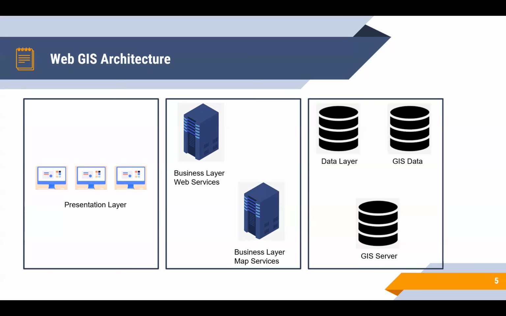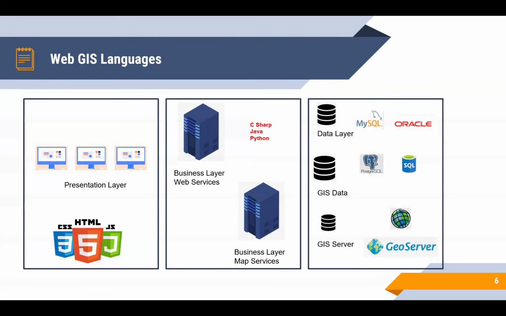Okay. So in the WebGIS architecture, we have three layers, a three-tier architecture: the presentation layer, the business layer, and the third one, as you know, is the data layer. Now, because this is a full stack development course, what languages are we going to learn in this entire course?